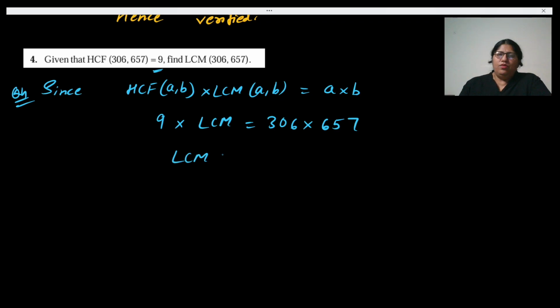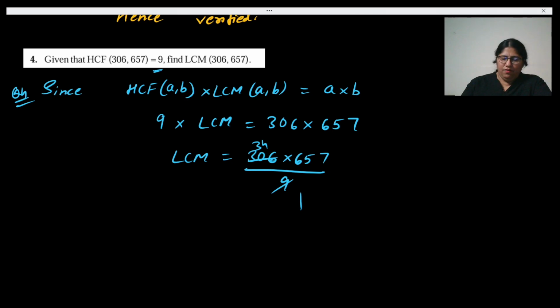Now to find out the LCM, I can transpose 9, and when you do the simplification, you will get the LCM of those two numbers, right? Here 9 ones are 9, 9 threes are 27, 9 fours are 36, and if you multiply these two numbers you will get the LCM of those two numbers.